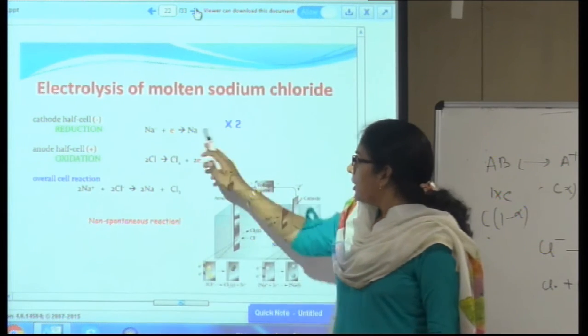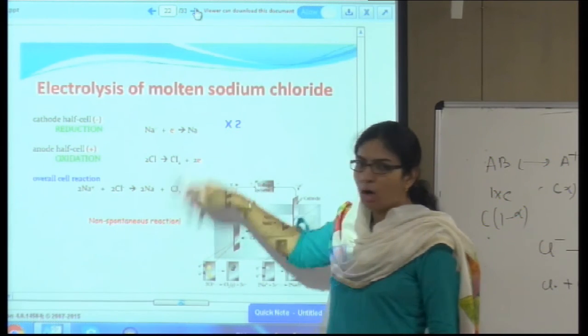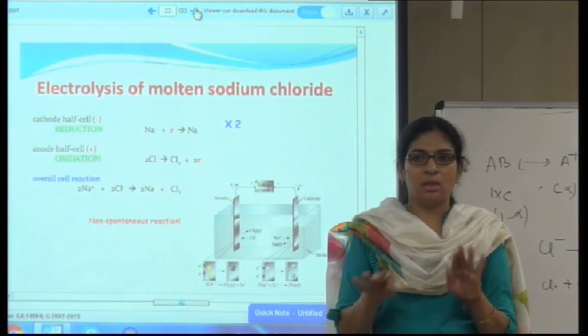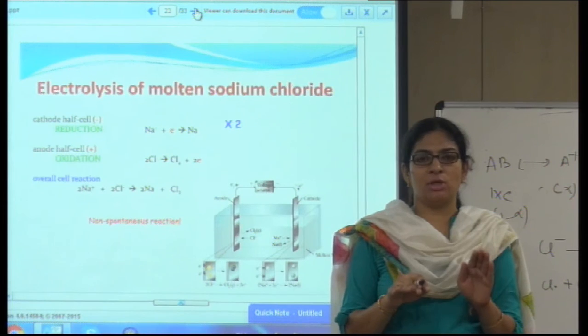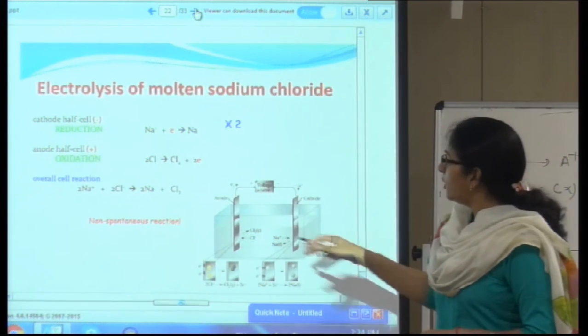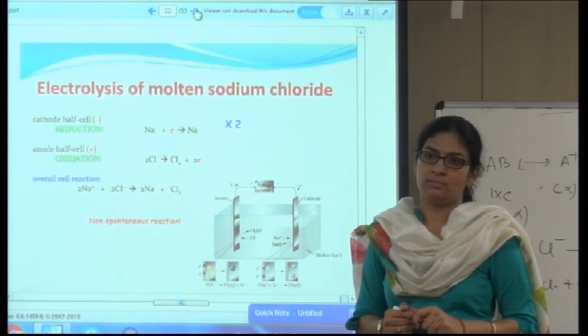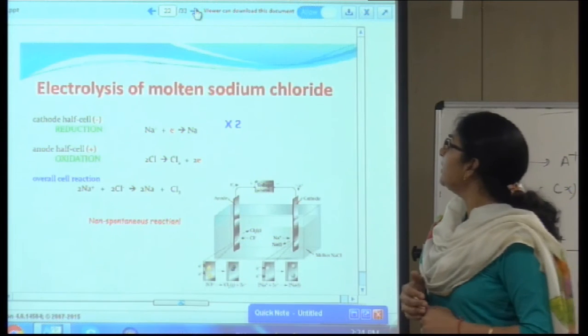So H plus has more reduction potential, therefore you will not get sodium metal as a result of the electrolysis of aqueous sodium chloride, but on the anode this reaction will occur preferentially, right. Next please.